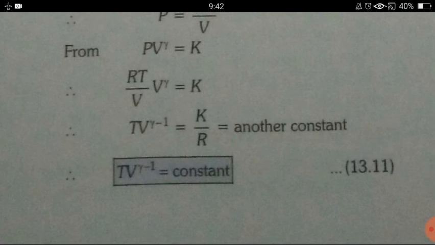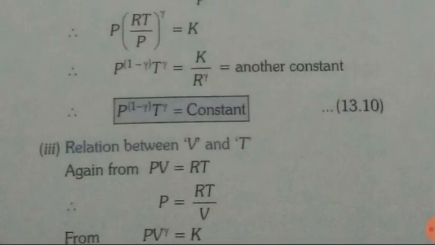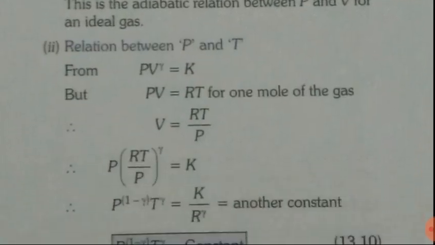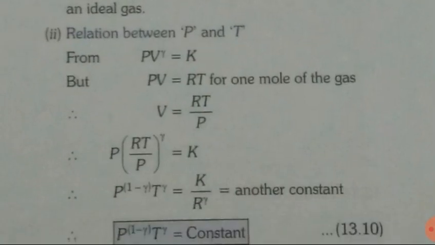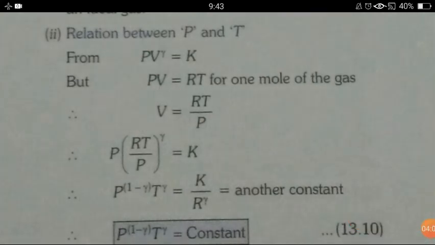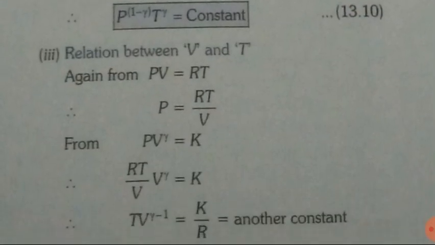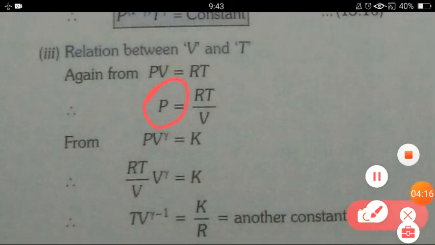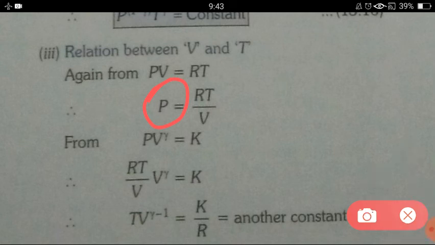One thing you must notice is that when we were deriving the equation between P and T, we put the value of V in the first relation, the relation between P and V. When we were deriving the relation between V and T, we put the value of P. That means if we are deriving the relation between temperature and pressure, we have to put the value of volume.